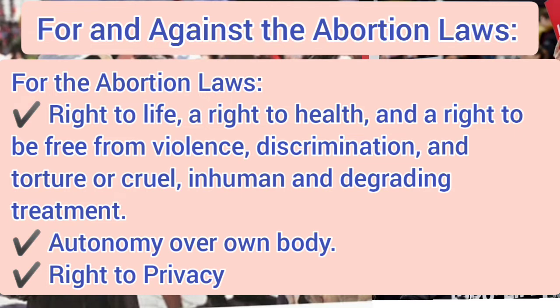People who support abortion laws argue that everyone should have the right to life, a right to health, and a right to be free from violence, discrimination, torture, or cruel, inhuman and degrading treatment, autonomy of our own body, right to privacy. So these are some of the grounds on which people support the abortion laws in the USA.